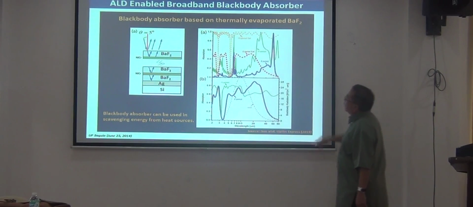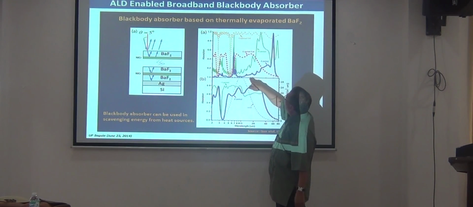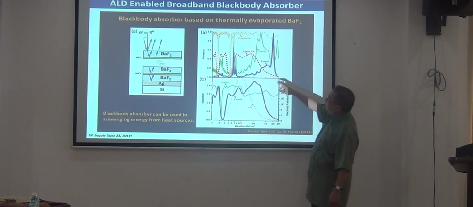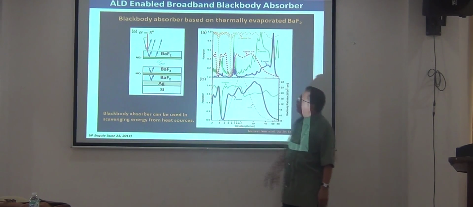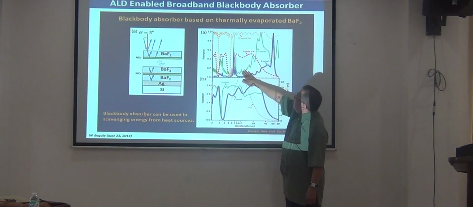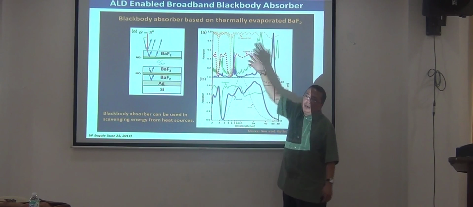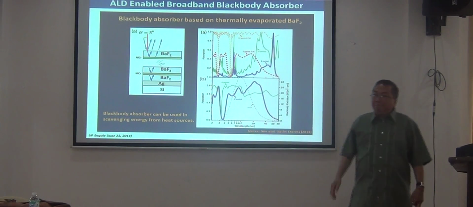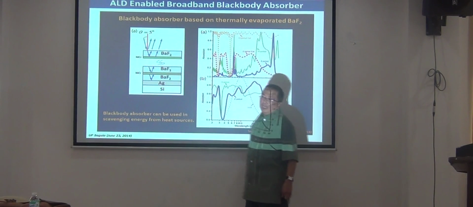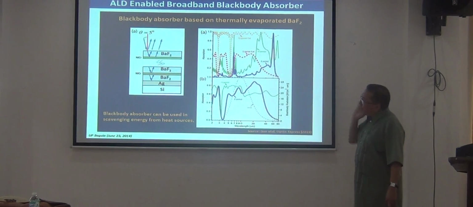Now, the solid lines are actual data that were measured from real devices that were fabricated. As you can see, the actual data is nowhere near the theoretical calculation that is expected for these structures. And why was that?